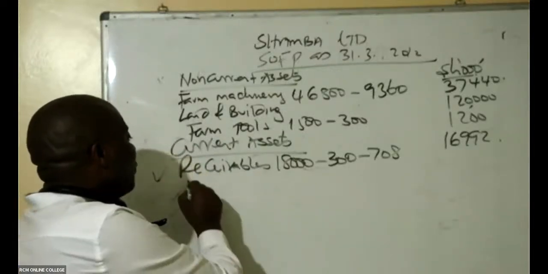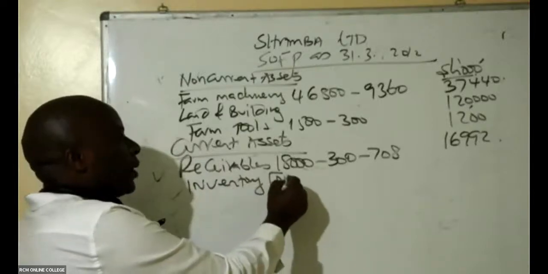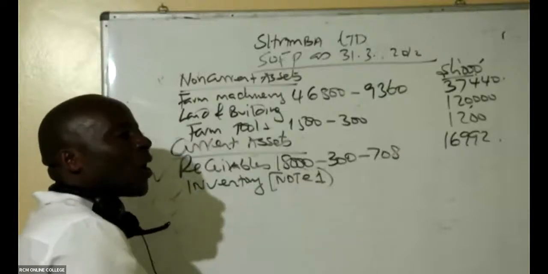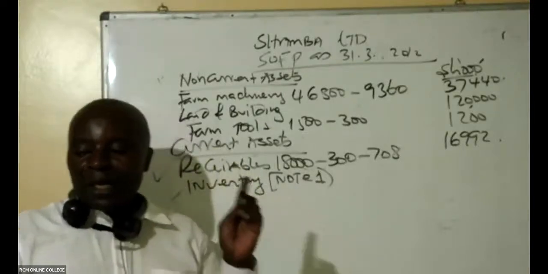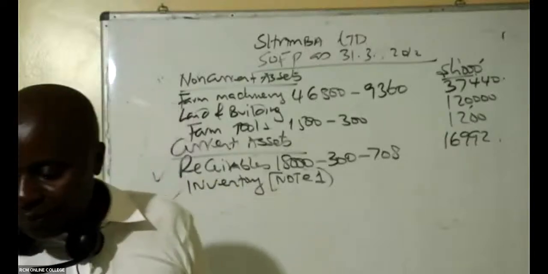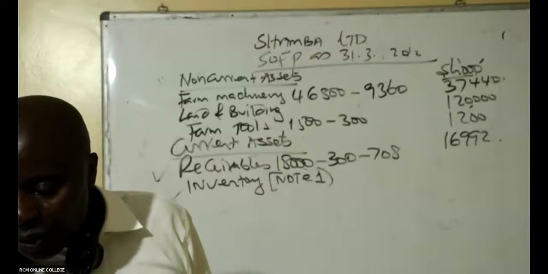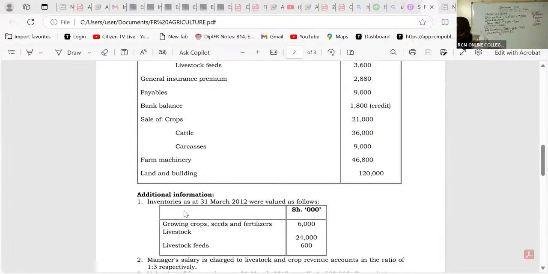Is there any other current asset you are able to remember? Oh yes, inventory. Go to the notes. Specifically, note 1 is where you get closing inventory. We don't bring opening inventory here; we always bring closing inventory. You can see these ones here.